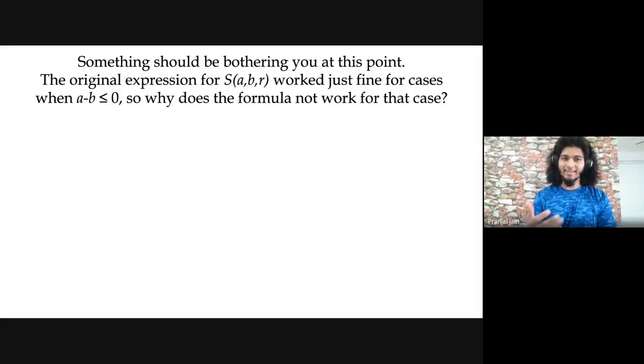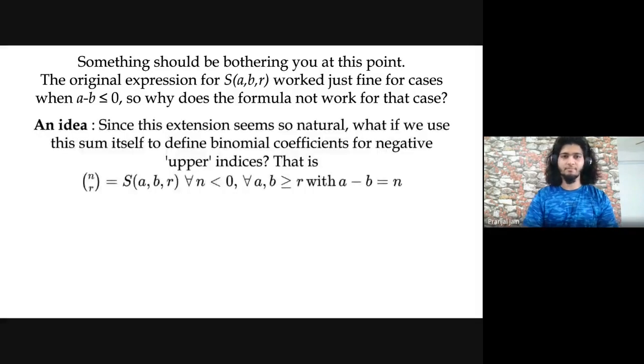So how do you solve the rest of the half, where A minus B actually happens to be lesser than 0? So an idea is that since this extension seems so natural, where the RHS suddenly doesn't make sense but the LHS makes sense, what if we define the RHS to be the LHS in this problematic case?